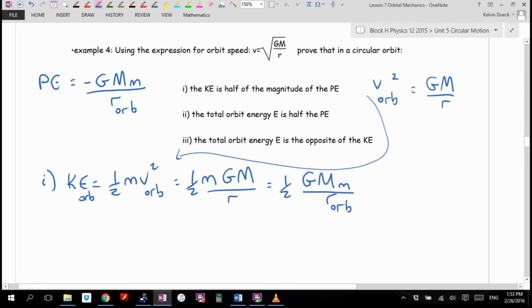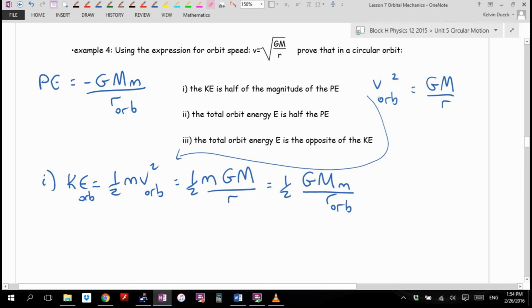Or this would be potential energy. That was the equation, but negative. What did I say I wanted us to prove? That kinetic energy is half of the potential energy. Oh, half of the magnitude, which really means ignore the negative sign.